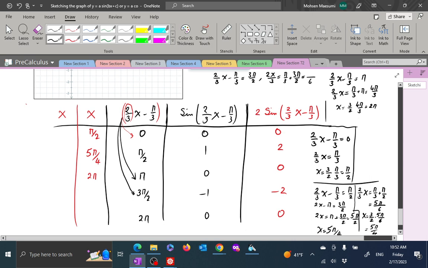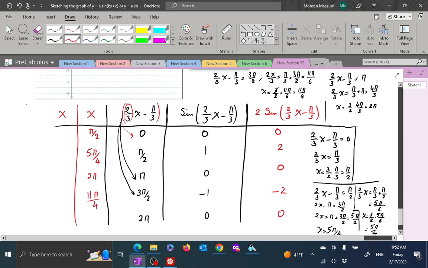Is that right? 2 and 9 is 11 pi 6. Now x, I multiply by 3/2. 3/2 of 11 pi 6. Simplify. This becomes 2, and that becomes 4. 11 pi fourth. So I got this number 11 pi fourth.